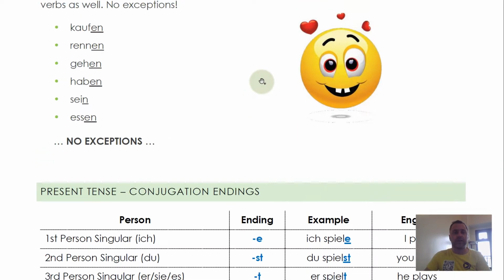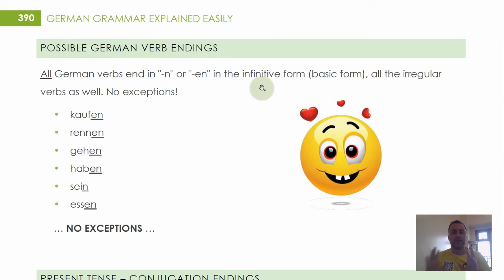Good news first, there's only one possible verb ending in German. It is always N or EN. Almost all of them end in EN, very few of them just N, but that makes it easy for you. If it doesn't end in N, it can't be the infinitive, the basic form of the verb.